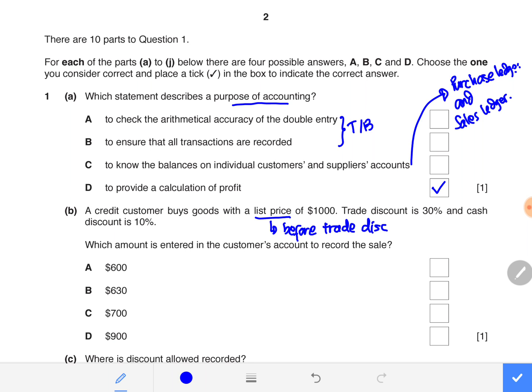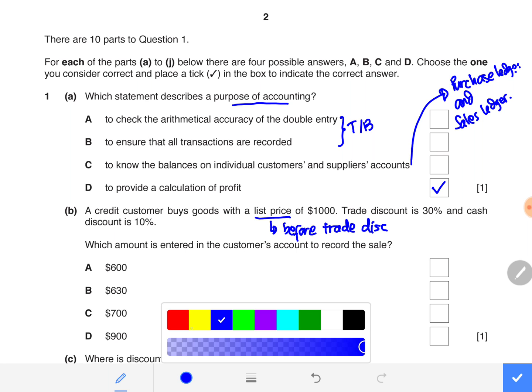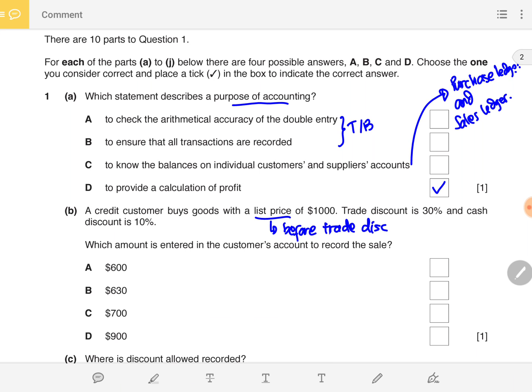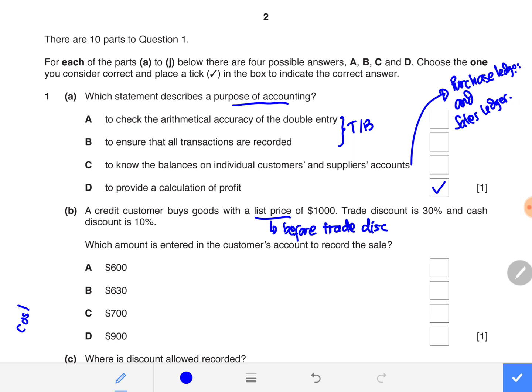And if it's a cost price, that means the price after trade discount.